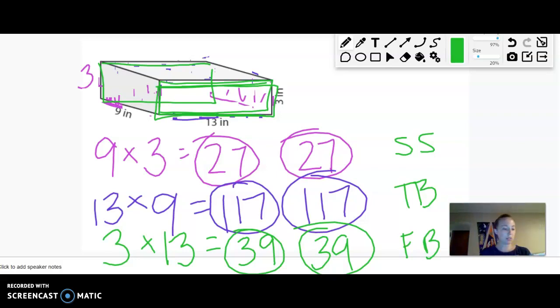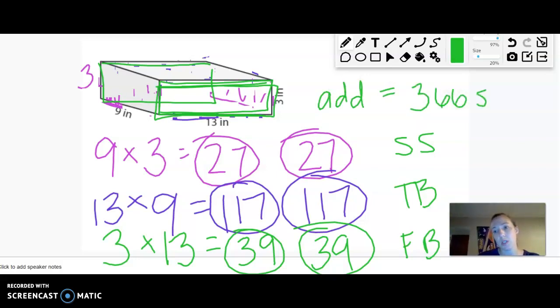I'm going to just use my phone calculator because it'll be a little easier. 117 plus 117 plus 39 plus 39, which equals 366 square inches.